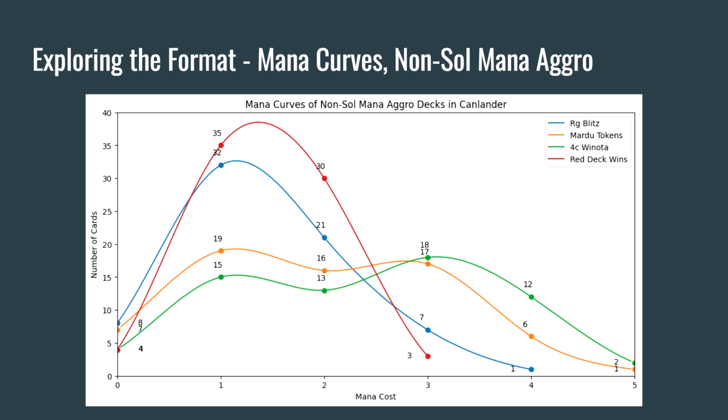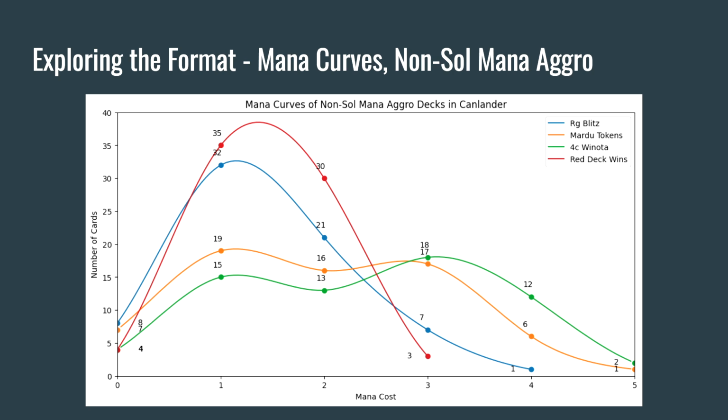4-color Winota is a mana dork deck, which means that it's naturally going to jump the curve from 1 to 3 a little bit, but it doesn't have acceleration as such a key part of its plan that it completely ignores the 2-drop slot. So 4-color Winota is sort of a hybrid between jumping the curve and trying to maximize the strength of your cards at every point in the curve, and it's centered around 3-drops.